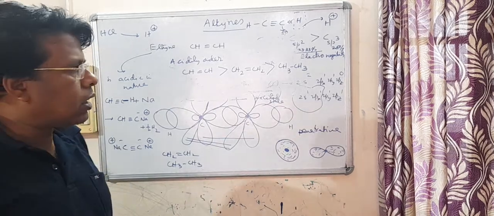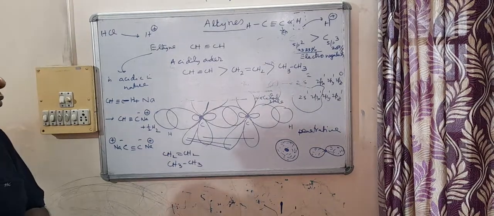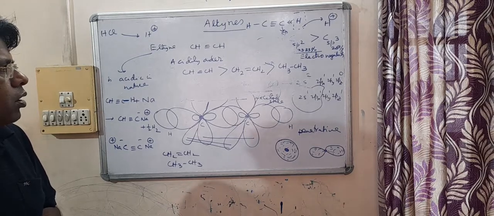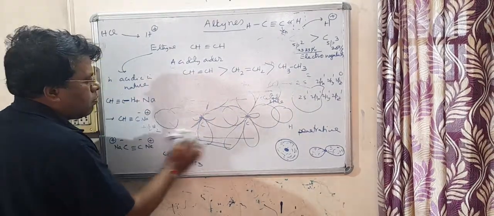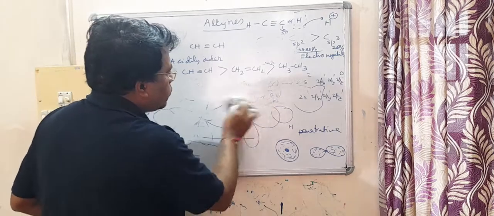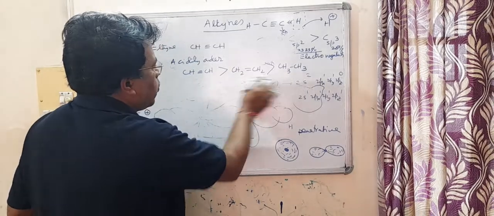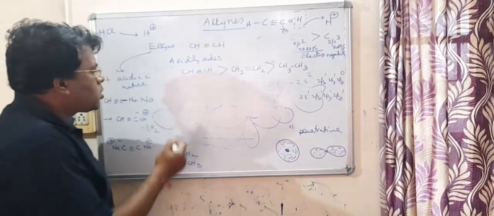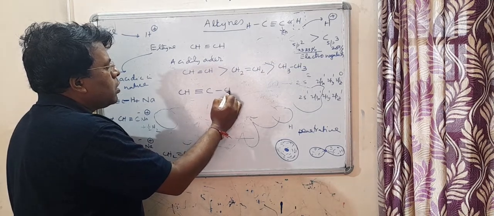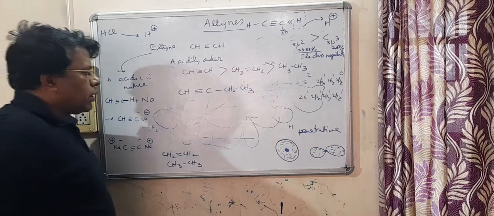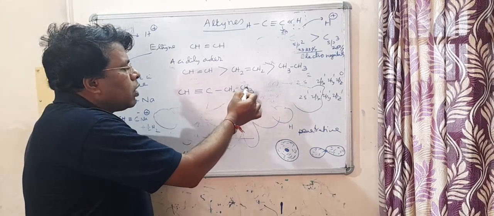Now a question I am asking here is, is all hydrogen of an alkyne acidic in nature? The answer is no. An example of an alkyne that I am giving here: suppose we have this alkyne CH triple bond C H2 CH3.